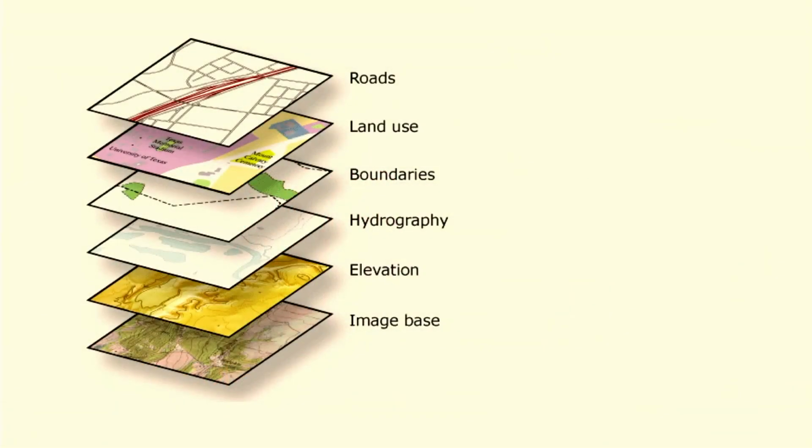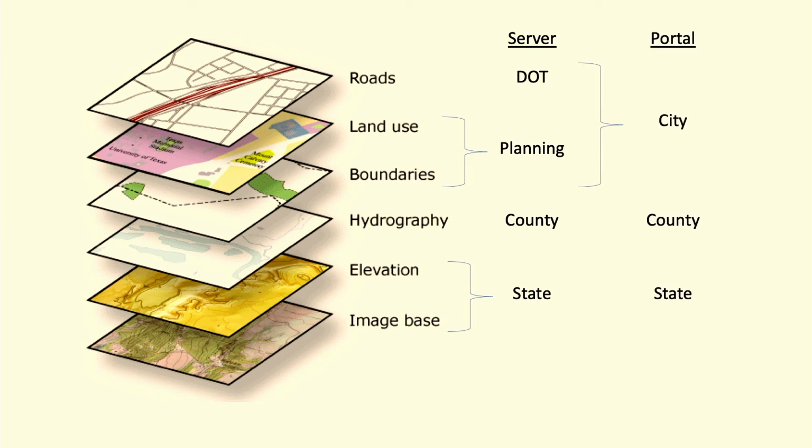And there's a historic reason for this. Identity Manager was meant to work with maps. And maps have many layers, and those layers could come from different servers and even different departments within an organization, and even from different organizations, right?